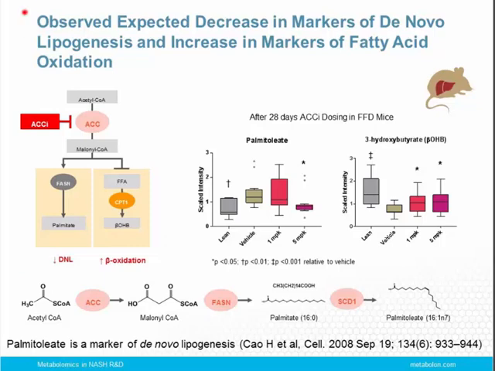I think Arun Sanyal had a paper a couple years ago where they looked at PNPLA3, which is a genetic variant that is implicated in the risk of developing NASH. And they found in that paper that in addition to its potential triglyceride hydrolysis work, you also saw evidence of kind of a catabolic response.